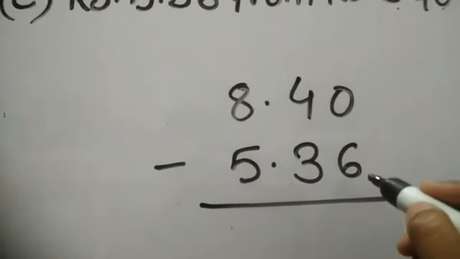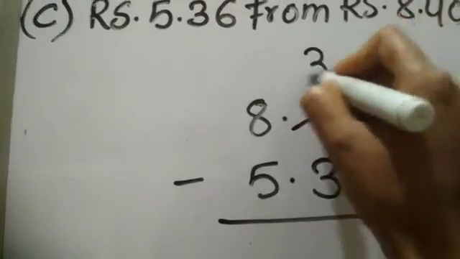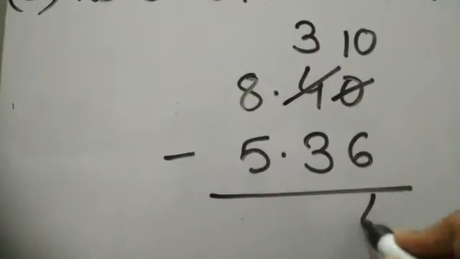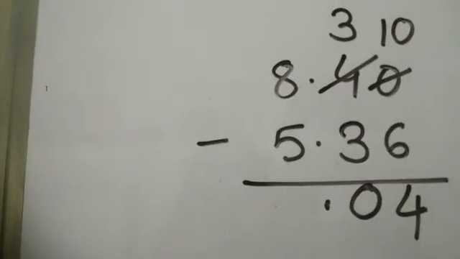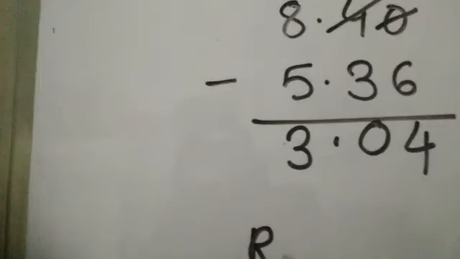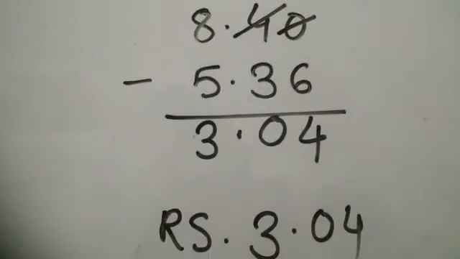Now 0 minus 6 not possible. So I am going to take one borrow from 4. So 3 will be left over there. This will be 10. 10 minus 6, 4. 3 minus 3, 0. Then decimal point will come over here. 8 minus 5, 3. Hence the answer is 3 rupees 4 paise.